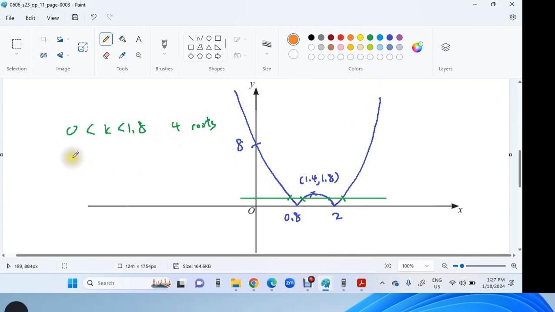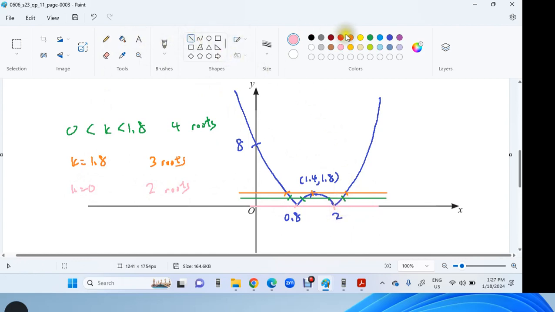When k equals 1.8, here we will have 3 roots: 1, 2, 3. If k equals 0, then we have 2 roots, 1, 2.